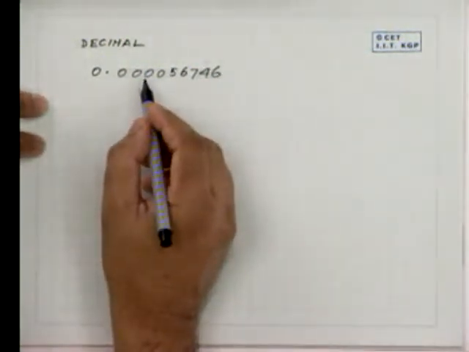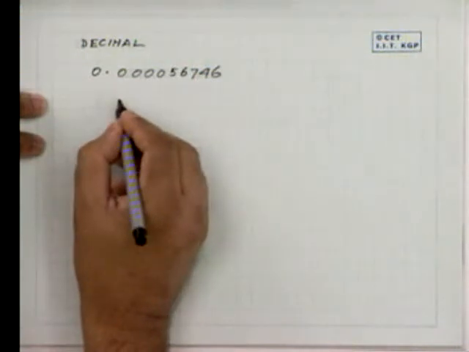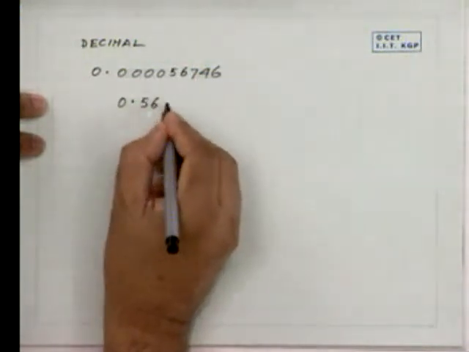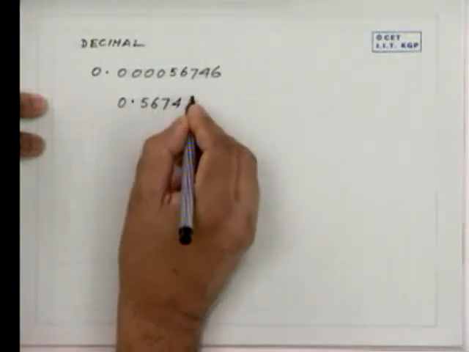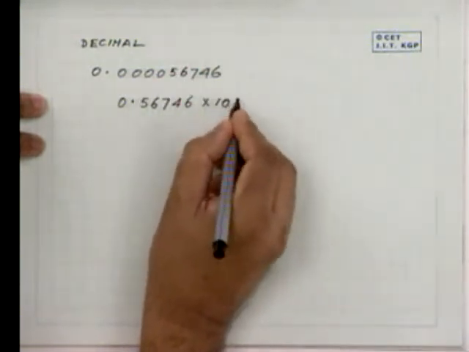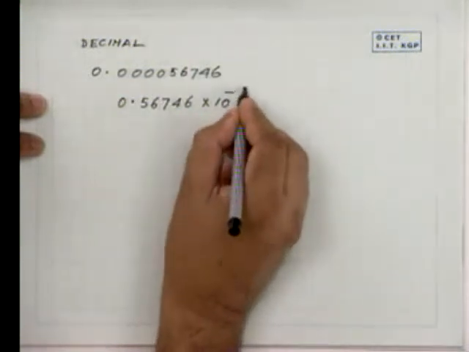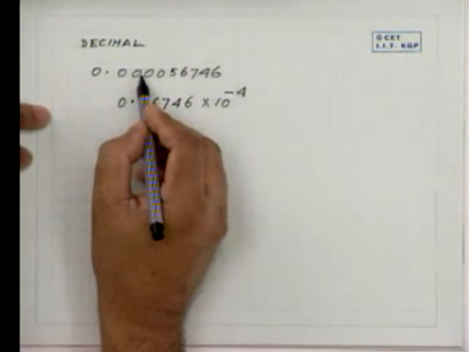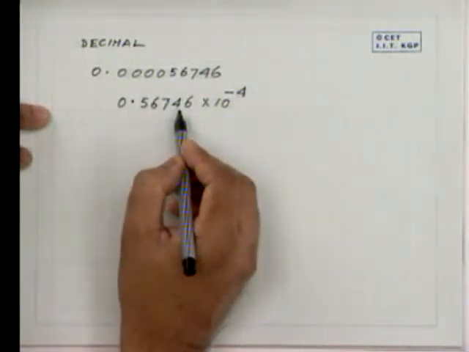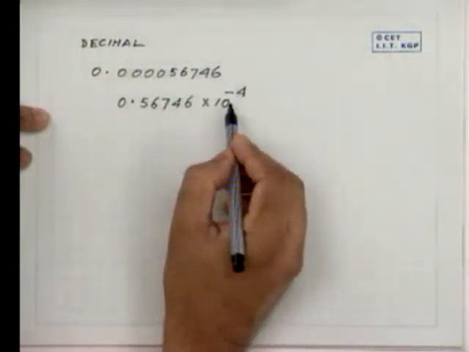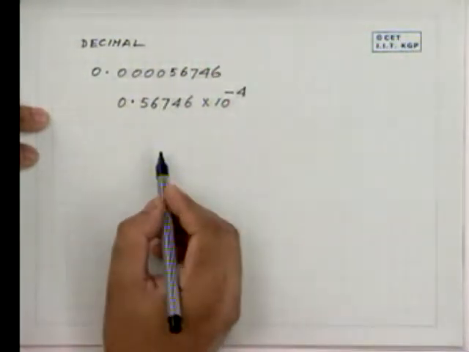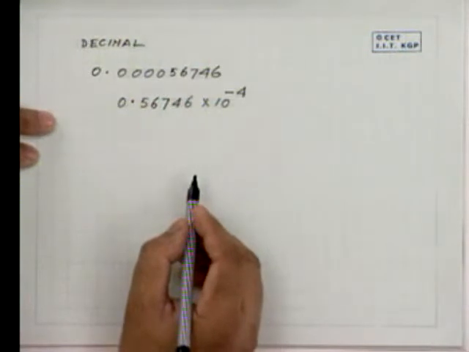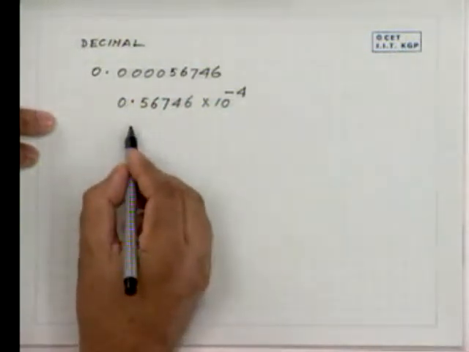And so we generally write it in the scientific notation, 0.56746 times 10 to the power minus 4. Now you see, if there are more zeros, this way of representing the number is definitely much more convenient.